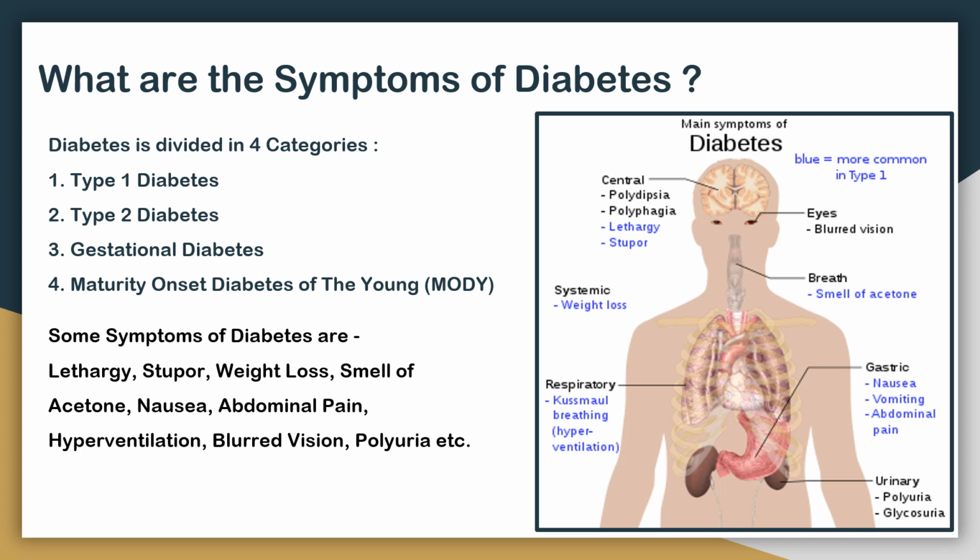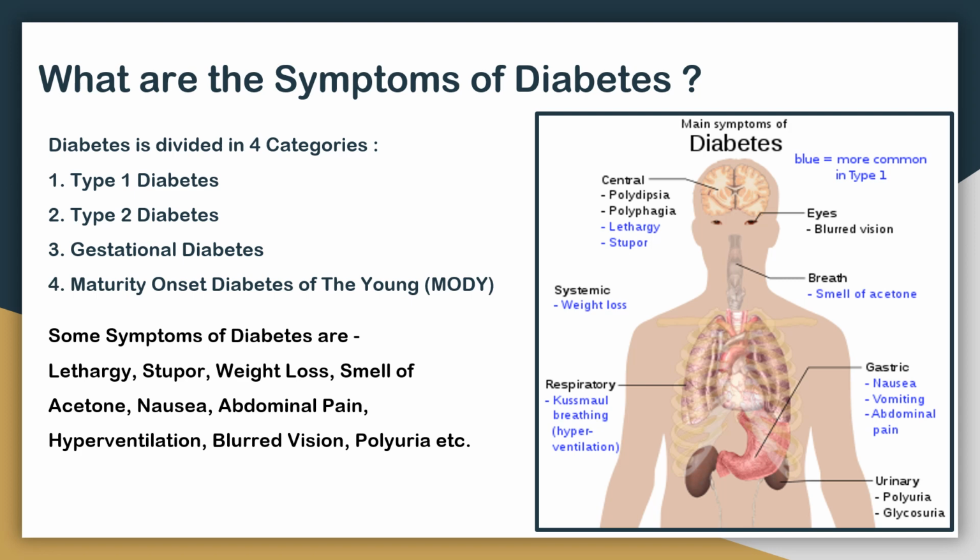Some common symptoms of diabetes which occur in all four categories are lethargy, like you get tired very often, and weight loss. Now, weight loss can be of two types: one, natural weight loss which you want, and weight loss which is immediate.